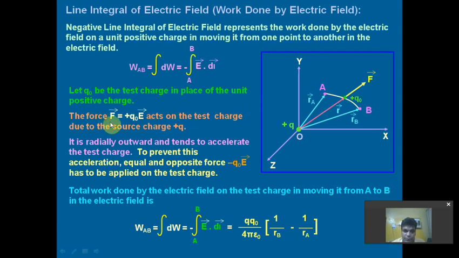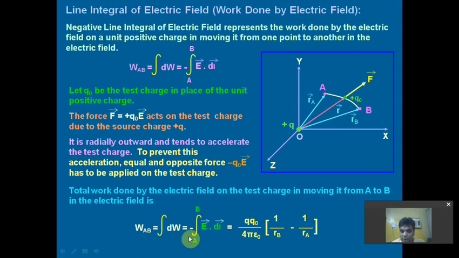The force F vector acts on a test charge due to source charge plus q. This plus q charge will exert a force on q naught, represented by F vector, and the total work done is given by q naught upon 4 pi epsilon naught r.